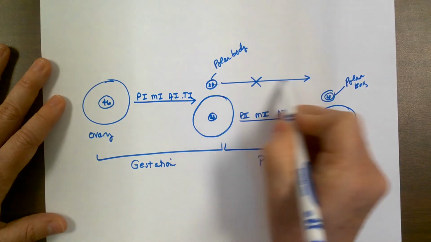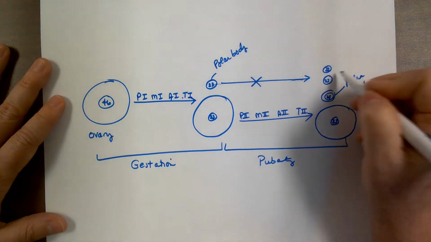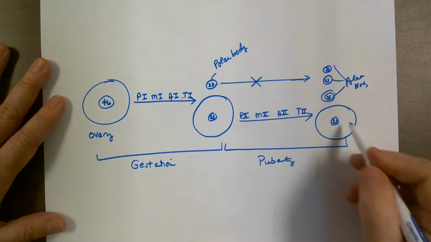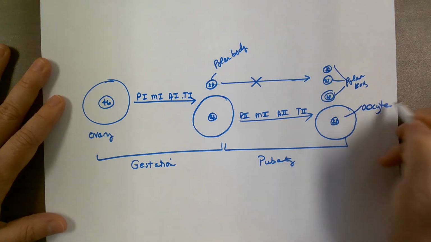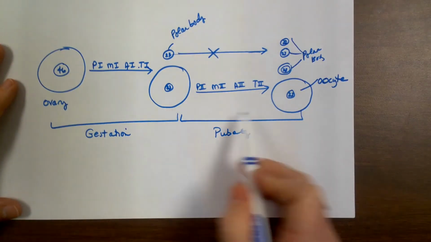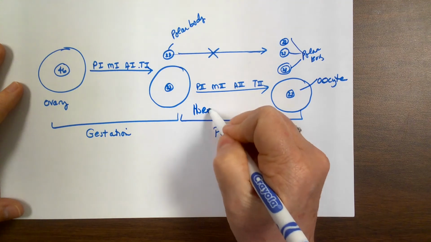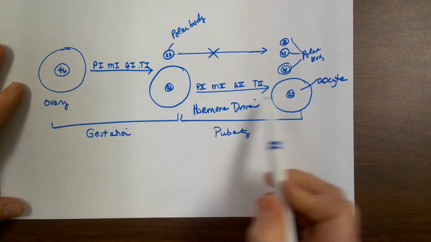Now, if this guy decides to divide as well, then they'll still stay tiny and they're all polar bodies. And this one actually gets the term oocyte. This process is all hormone driven. So hormones go up and down during this process.